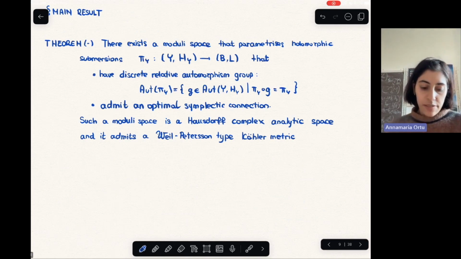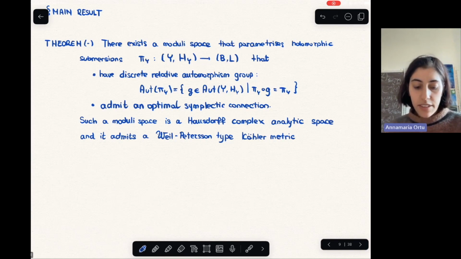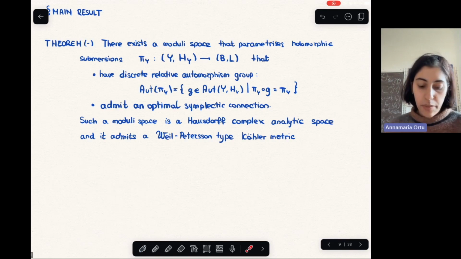So the main result that I will discuss today is that there exists a moduli space that parameterizes holomorphic submersions π: (Y, H_Y) → B, where H_Y is a fixed relative polarization, to some base with a fixed line bundle, that satisfy these two conditions.